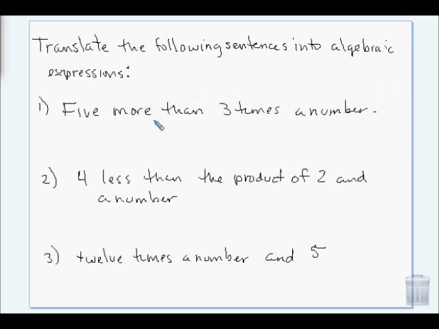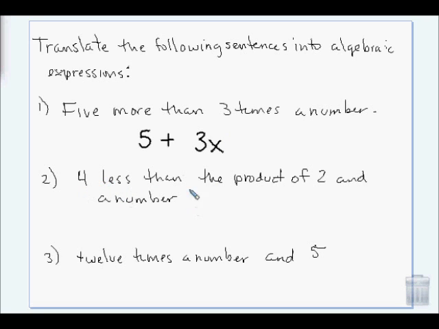Translate 5 more than. More than means adding. So this is 5 more than 3 times. That's multiplying. And anytime they say a number, it's just some letter. So 5 more than 3 times a number.